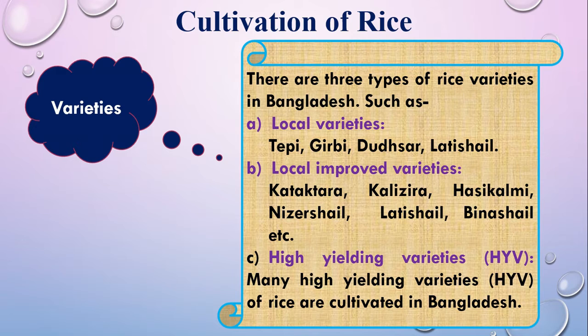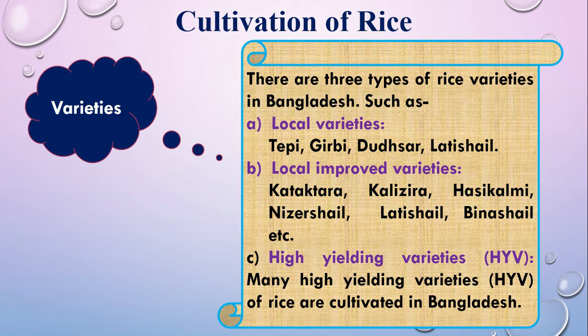And here you see the last point is high yielding varieties, which is HYV. Many high yielding varieties of rice are cultivated in Bangladesh. About 78 HYV rice varieties were developed by the Bangladesh Rice Research Institute.